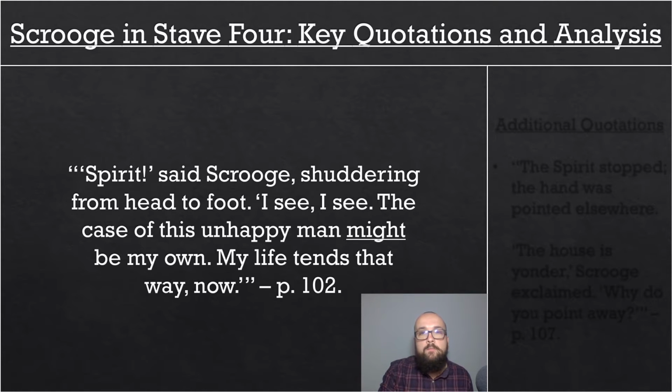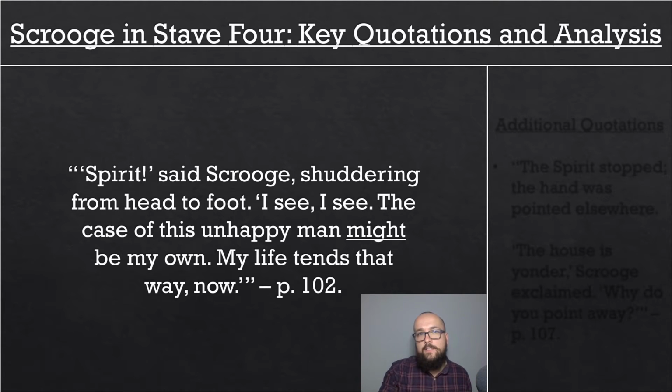But what I think is even more interesting is that it shows Scrooge to be pretty oblivious or even naive, because in saying that the dead man who is stolen from, the same dead man who has been mentioned throughout the entire stave, might be himself, he is unable to see that the dead man actually is him. Even now, Scrooge does not completely believe that his past actions are completely deserving of this sort of treatment. He sees the spirit's vision of the future as a lesson, something that is at a distance from him, rather than a direct warning about his actual life, or should that be death.